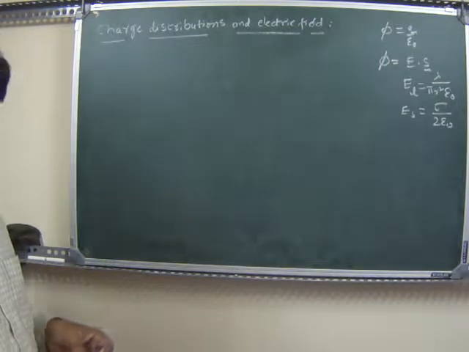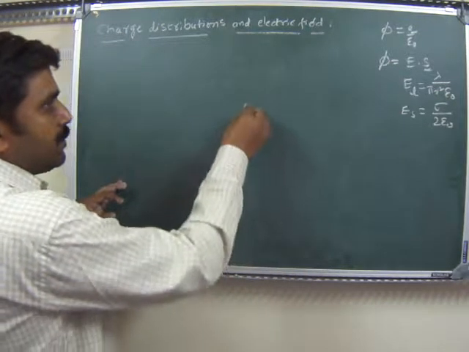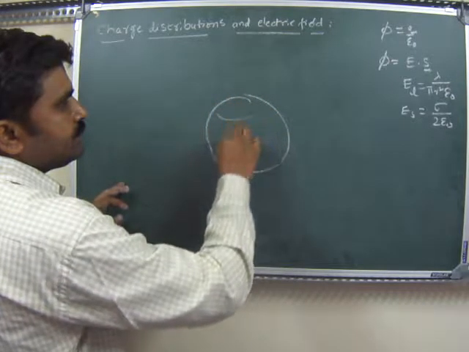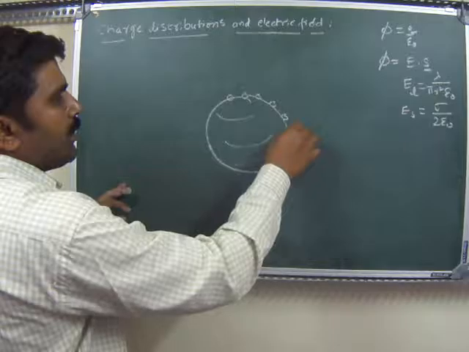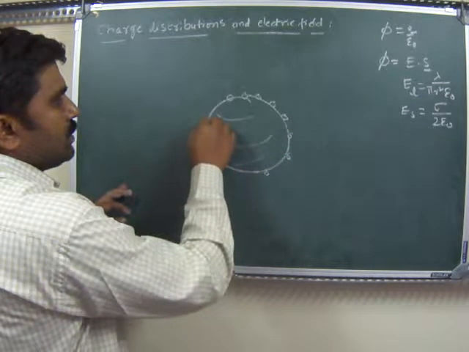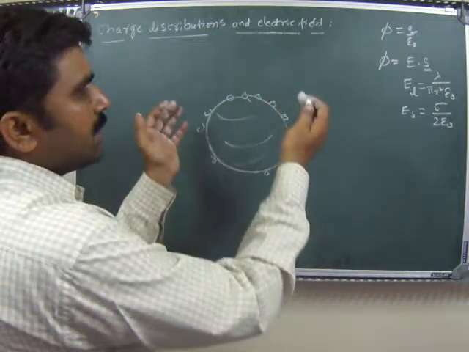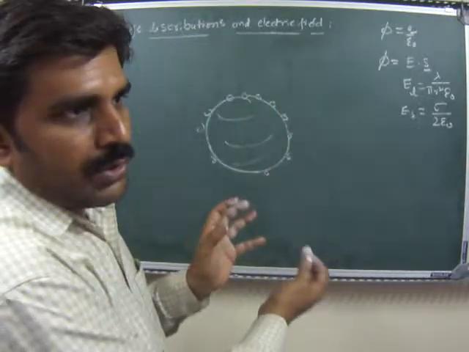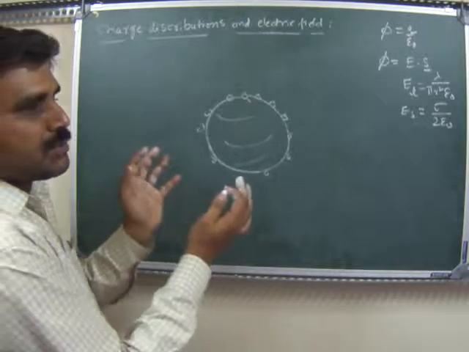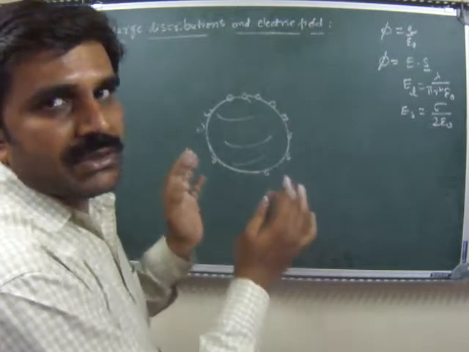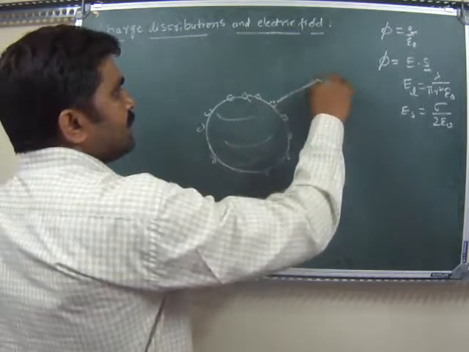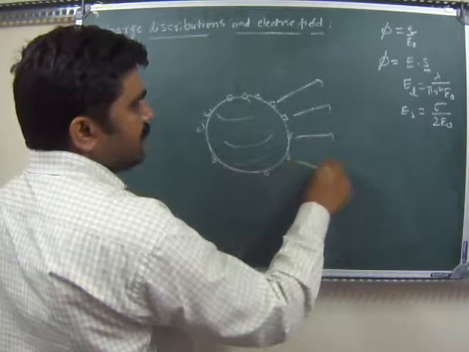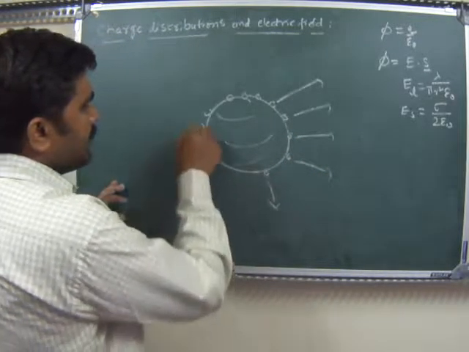Spherical surface charge distributions means, for example, you have a sphere. On that sphere you have charge existing on the top of the sphere. So here also they are occupying some area. This type of charge distribution we call surface charge distribution. Now for this surface charge distribution also, the field should be like this only.